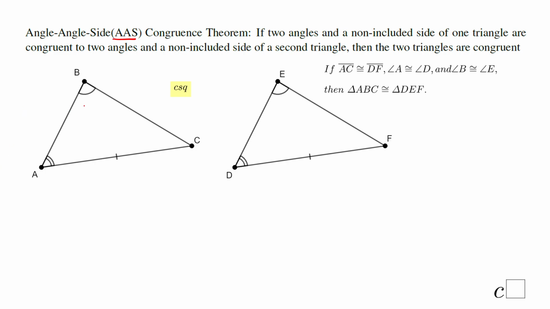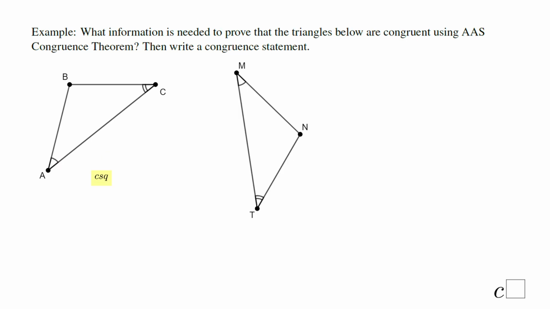We have these two angles congruent, these two angles congruent, and then the next thing is a side that follows one of these angles, in this case the angle that is marked with two arcs. Okay, and then we can say the triangles are congruent. So let's take a look how we use this criteria to prove triangles are congruent.